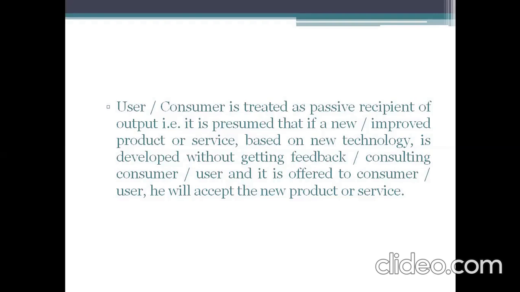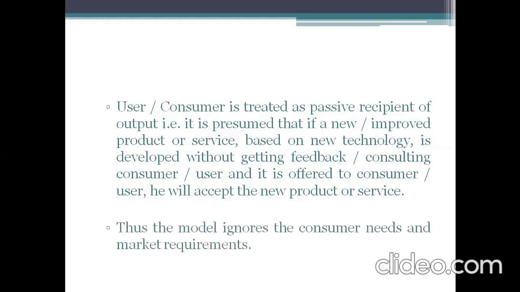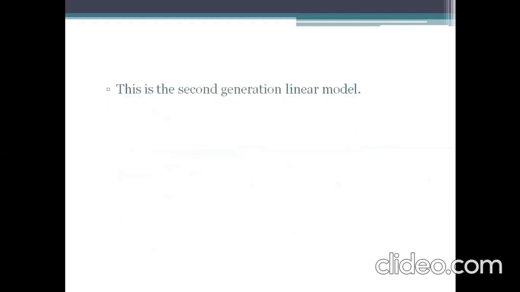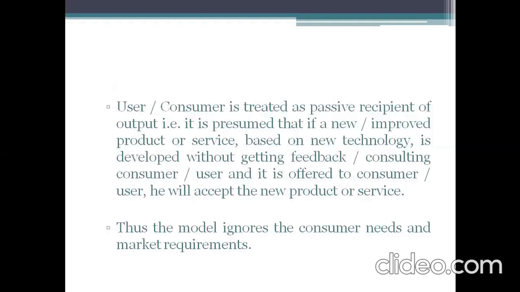Without asking the customer, without asking us, they are developing, they are creating a product for us. So the model ignores the customer need and the market requirement. This is the first generation linear model, and that is where the biggest limitation comes.